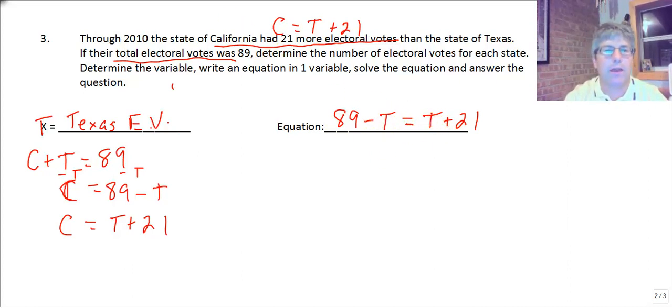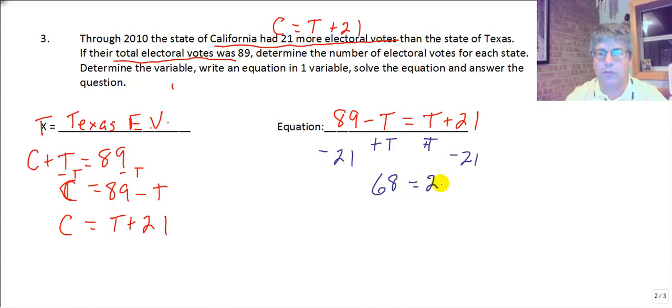So now I'm going to go ahead and solve for Texas's electoral votes. So let's go ahead and add t to both sides, subtract 21 from both sides, and I get 89 minus 21 is 68 equals 2t, divided by 2, and 34 equals t.